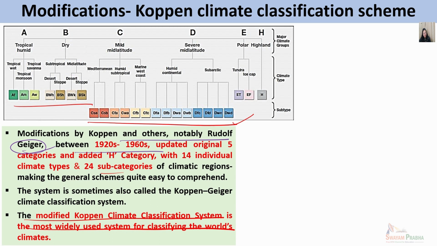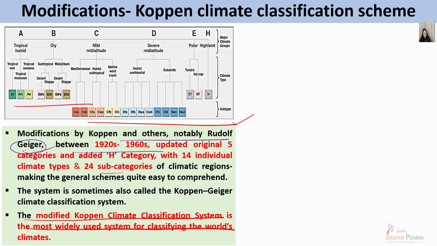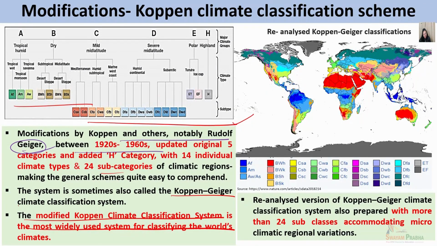And the modified version is also sometimes called the Koppen-Geiger climate classification system, which has 24 subcategories, 14 climate types, and 6 broad climatic regions, including the H category, which is the highland category. So A, B, C, D, E, and the highland category was added later on.